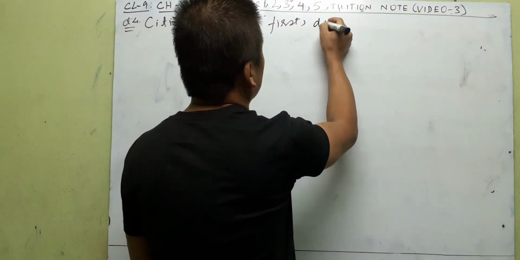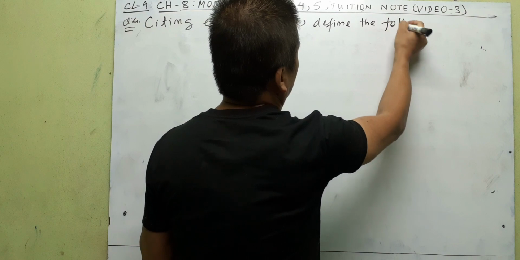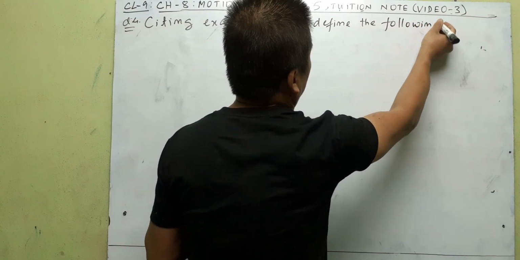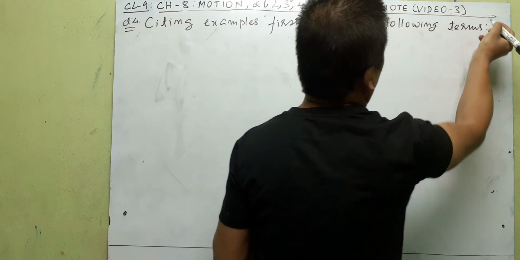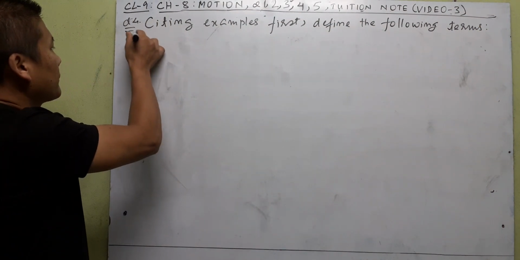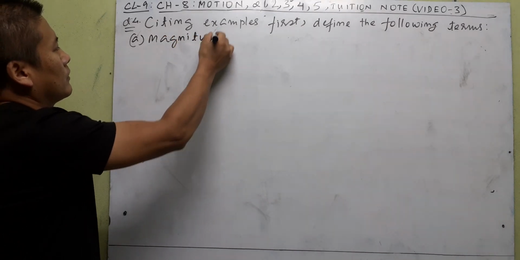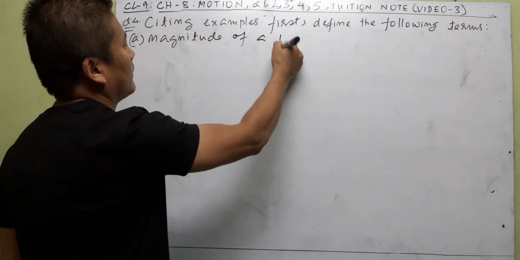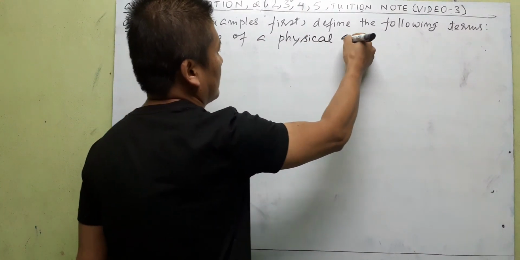So we have to define some important terms in motion. Define the following terms. Let us see what terms they are. Okay, the first one, let us put it as A. Magnitude of a physical quantity.